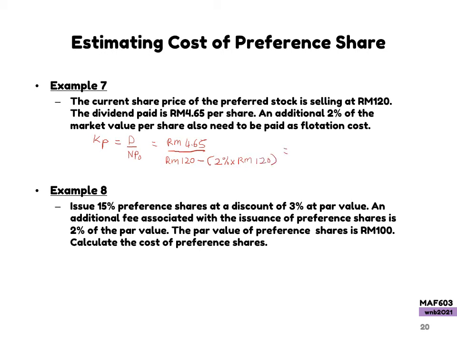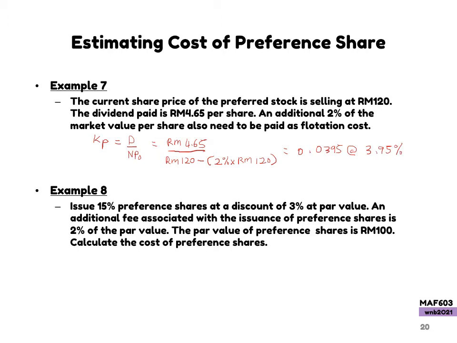So you will find the answer of 0.0375, or we have KP, cost of preference shares, of 3.95%.